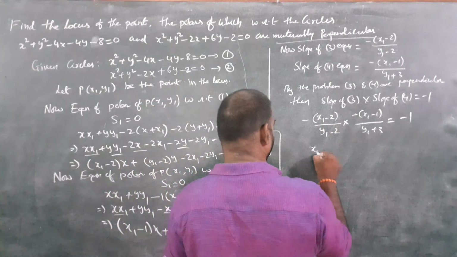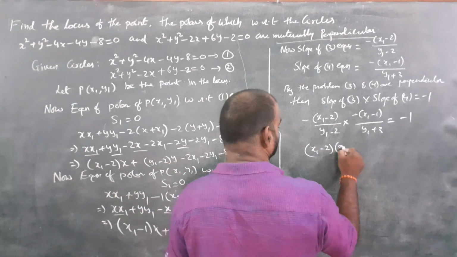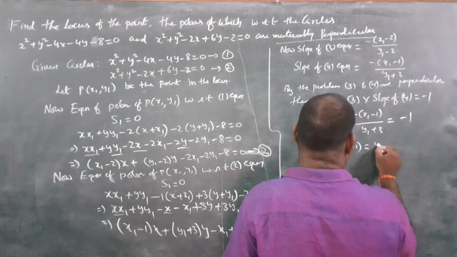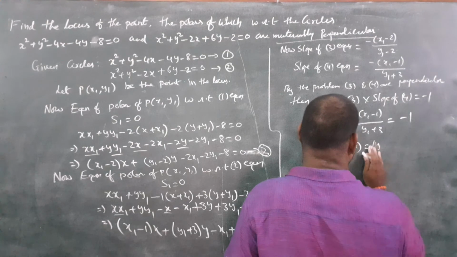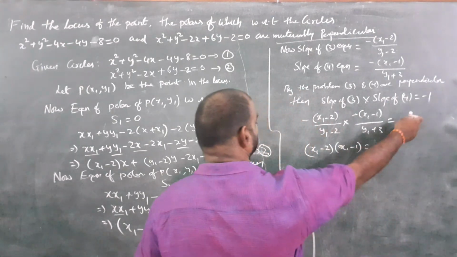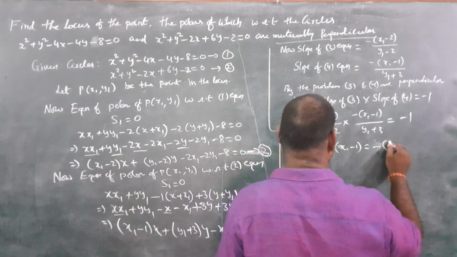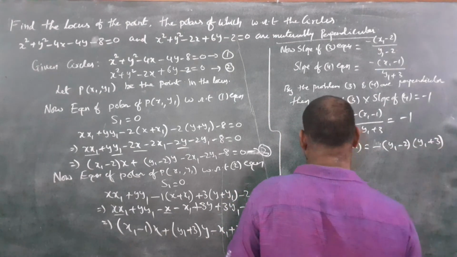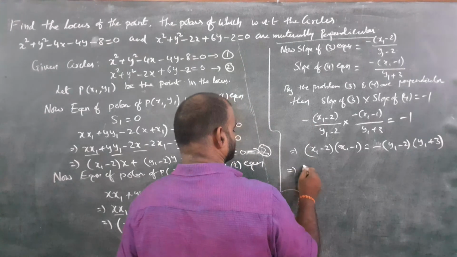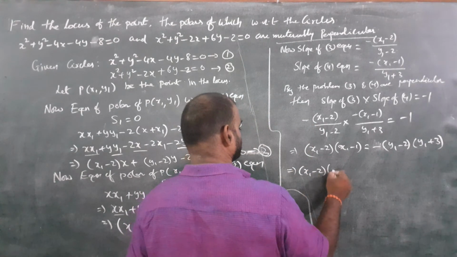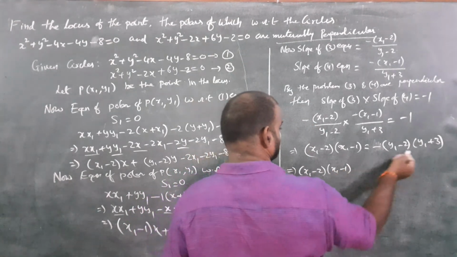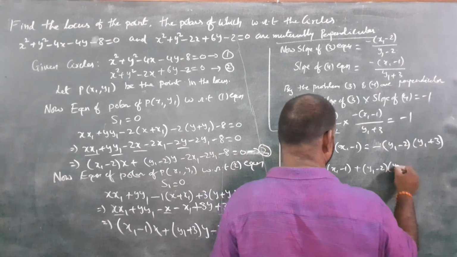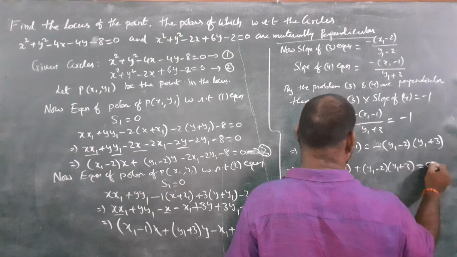So x1 minus 2 into x1 minus 1 is equal to minus of y1 minus 2 into y1 plus 3, since we send these to this side, and it is already minus here. So x1 minus 2 into x1 minus 1, you bring this to this side, plus y1 minus 2 into y1 plus 3 equal to 0.